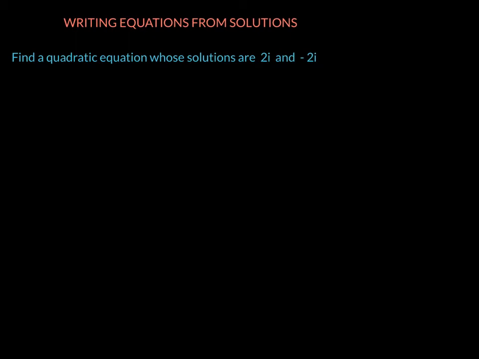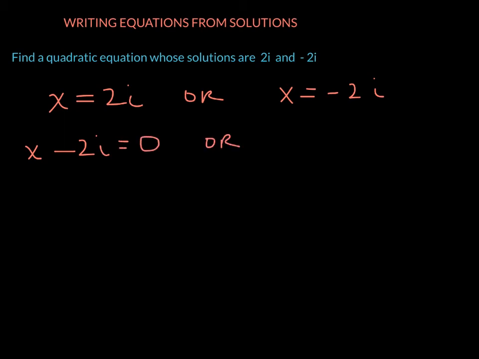Okay guys, let's do it again. Find a quadratic equation whose solutions are 2i and negative 2i. All right, so x is either 2i or x is negative 2i. Let's set each of these equations equal to 0. So I'm going to subtract 2i from both sides here, or over here, I'm going to add 2i to both sides.